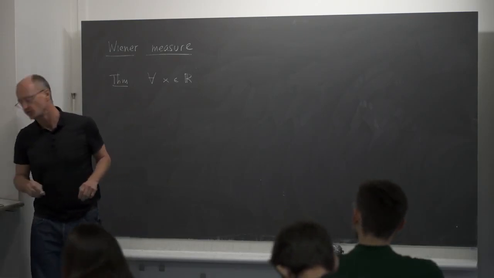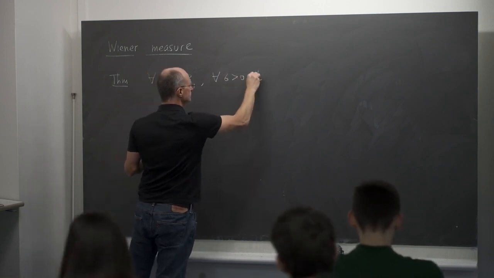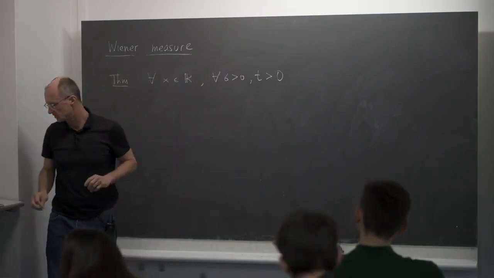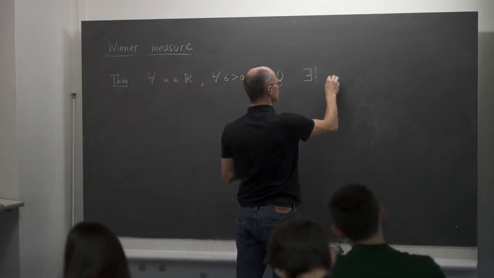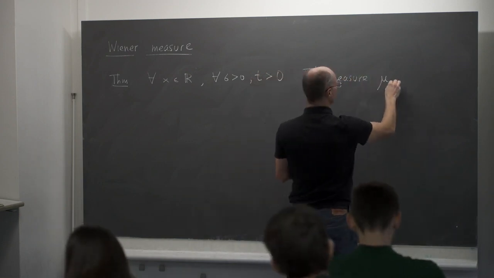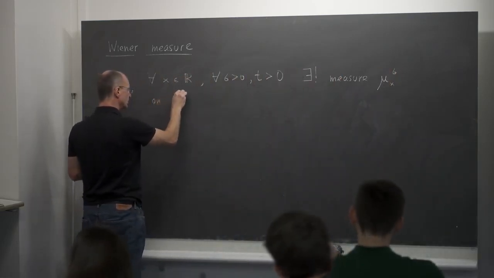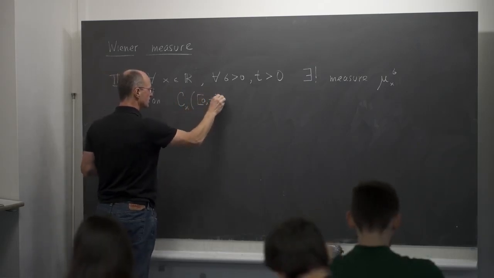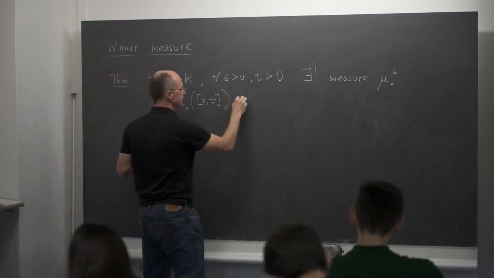For each point in R, and each pair of positive real numbers, sigma and t, there is a unique measure mu_{x,sigma}. It will be a measure on continuous functions on the segment [0,t].